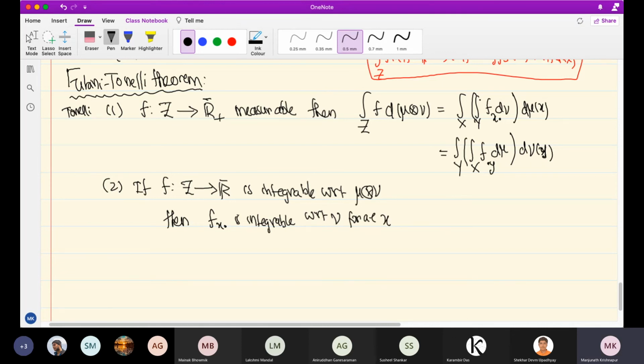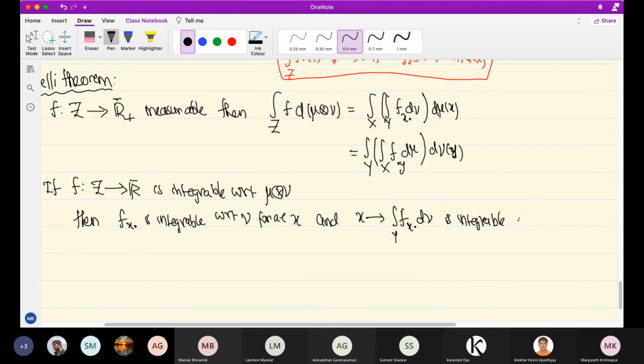So the integral of f_x d nu will make sense; it's integrable for almost every x. And x going to the integral of f_x d nu over y is integrable with respect to mu, and the integral of f with respect to the product measure, the statement is exactly the same.